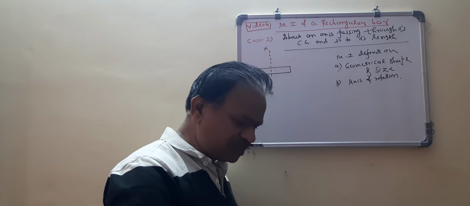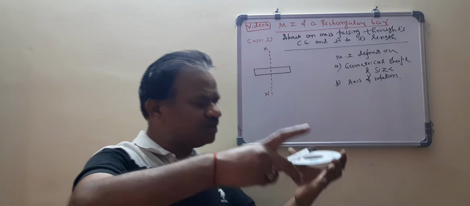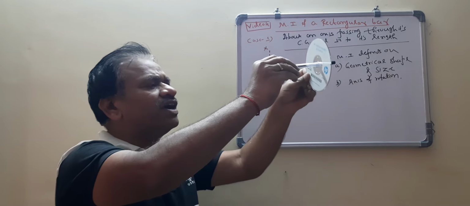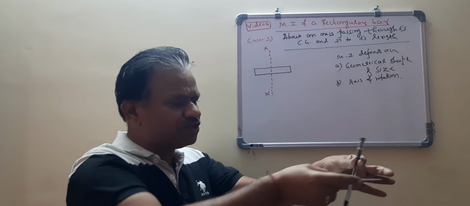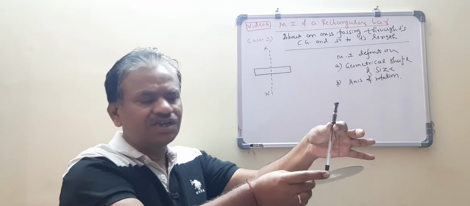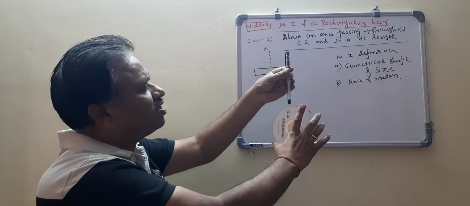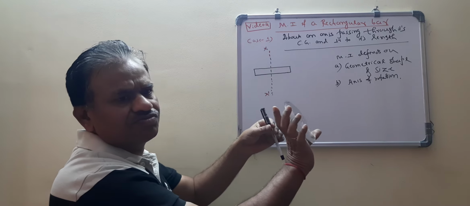Axis of rotation means, let me give an example. Suppose this is a disc. I am rotating it about this point like this, or else it rotates about this other point. Or else assume there is a hole and an axis passes through it, and now it rotates like this.